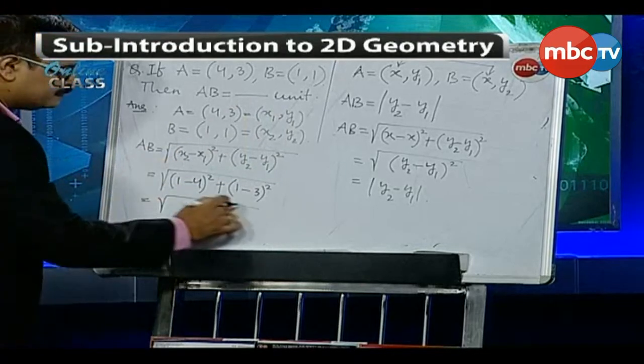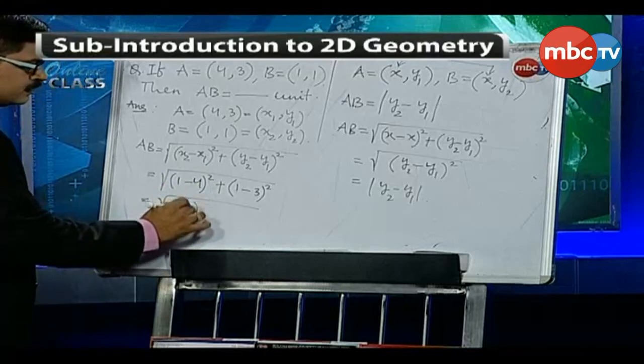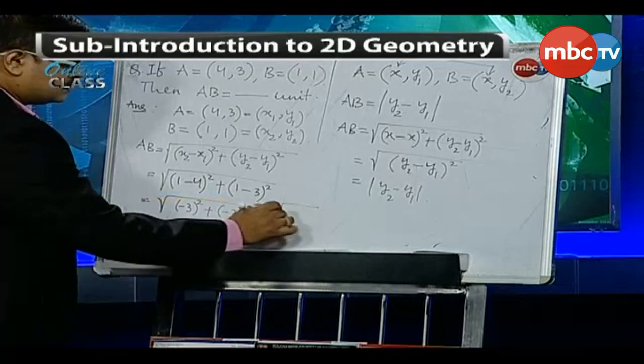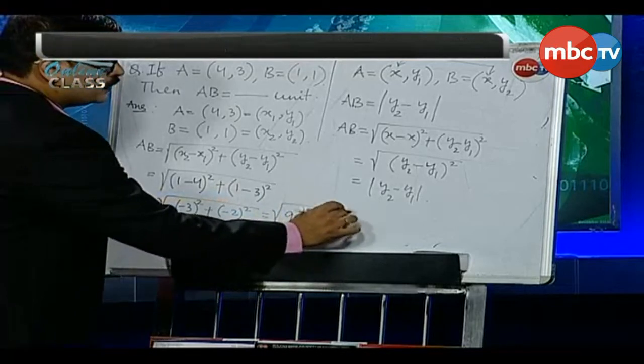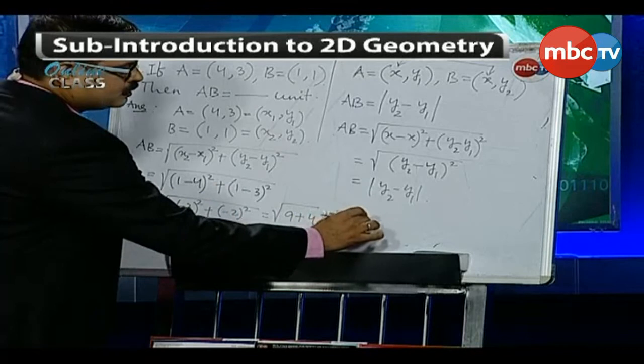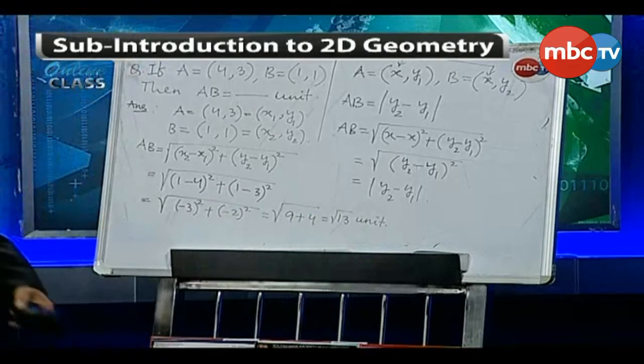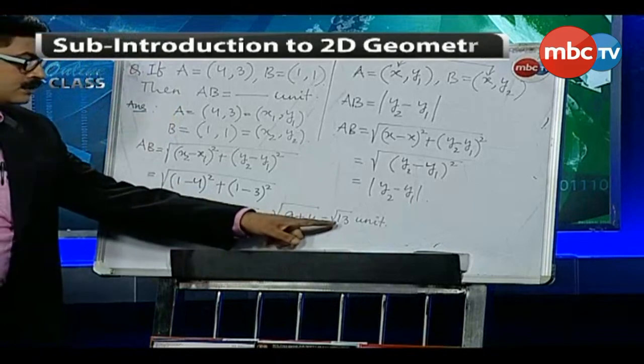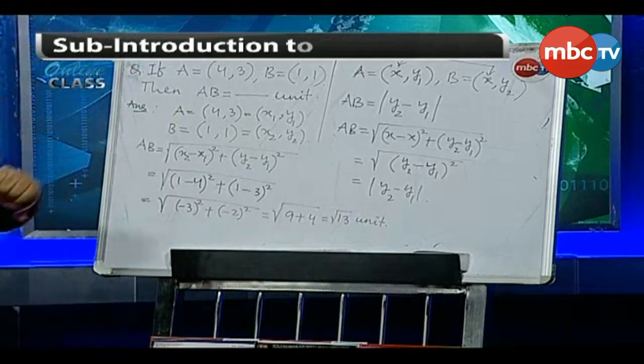What you will get? This will be (minus 3) square plus (minus 2) square, that means square root of 9 plus 4, that will be root 13 units. So the distance between these 2 points is square root 13 units.